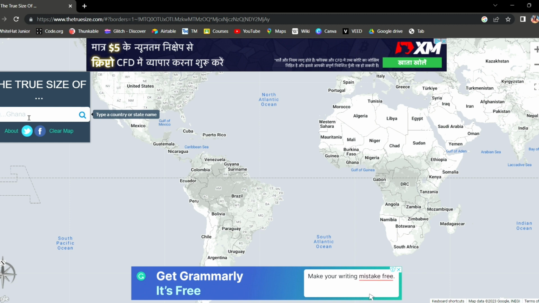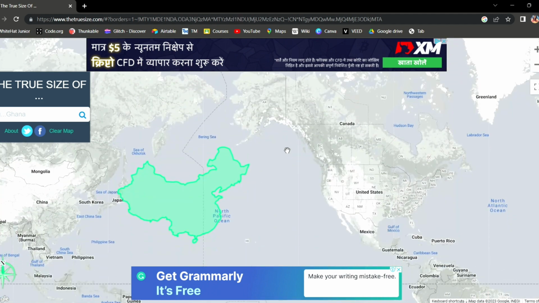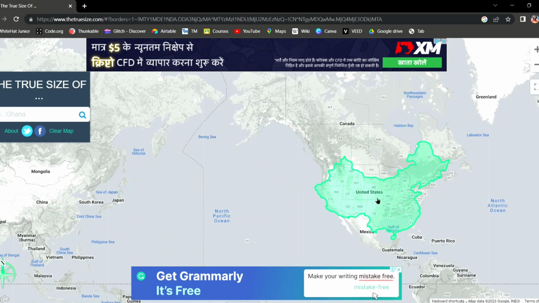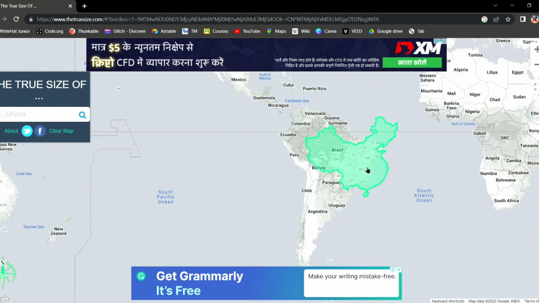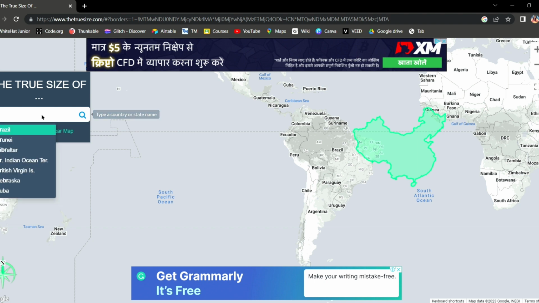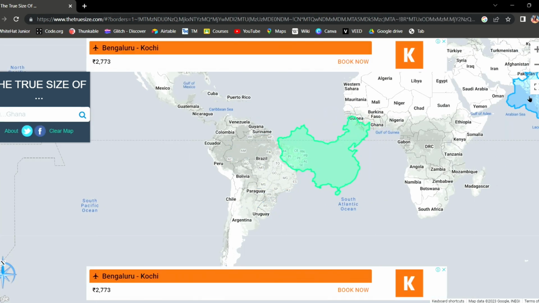So next let's take China. Now this guy looks pretty big compared to the contiguous USA, because it is larger than the contiguous USA. But now if we take it to Brazil, it is pretty small. And again, now let's write Brazil. There is not that much of a difference in size.